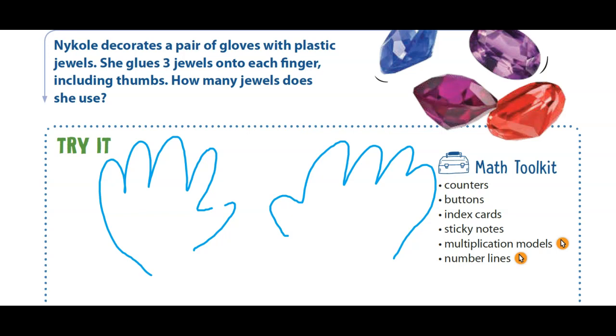And each finger has how many jewels? 3. 1, 2, 3. 1, 2, 3. Kind of like the gauntlet on Avengers, huh? And how many jewels did that glove have? 6. Infinity stones, huh?